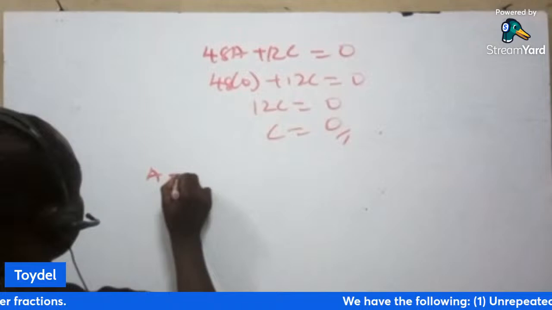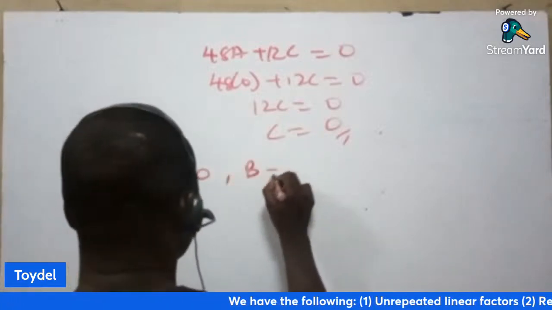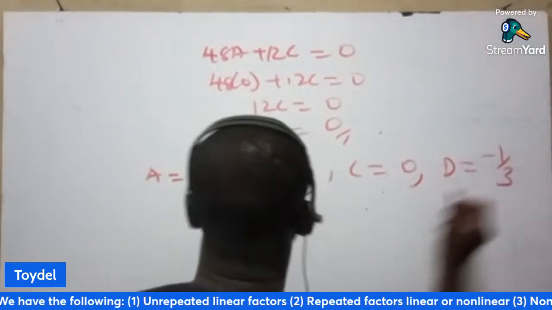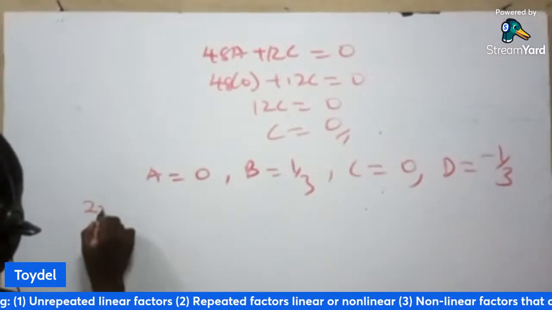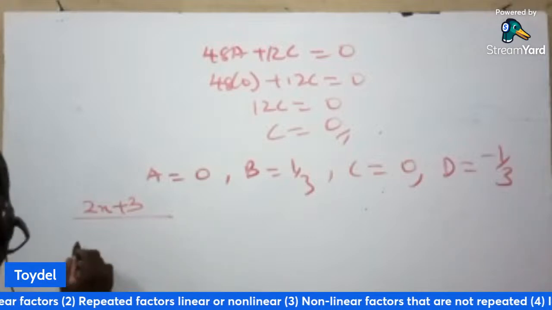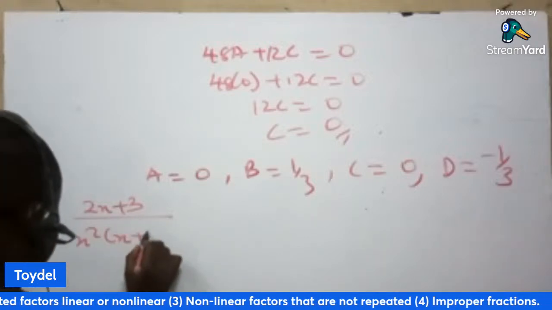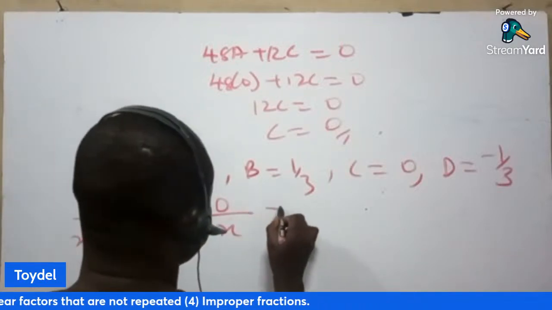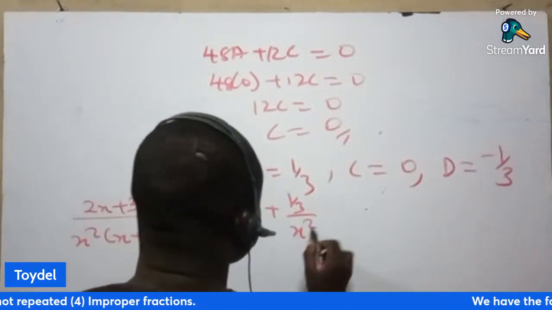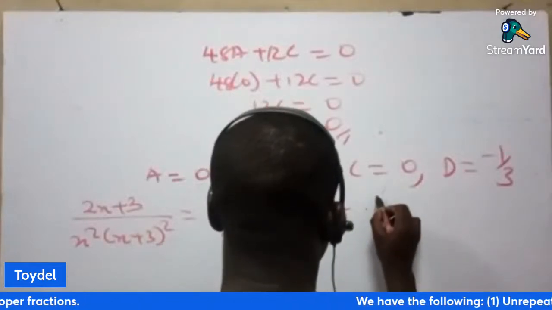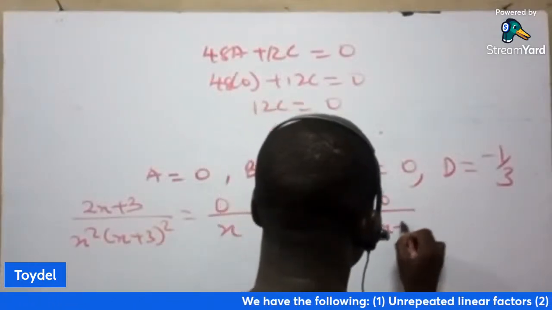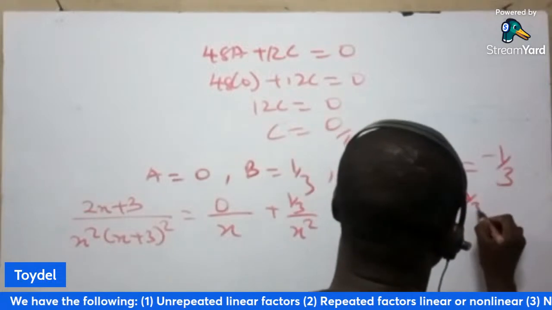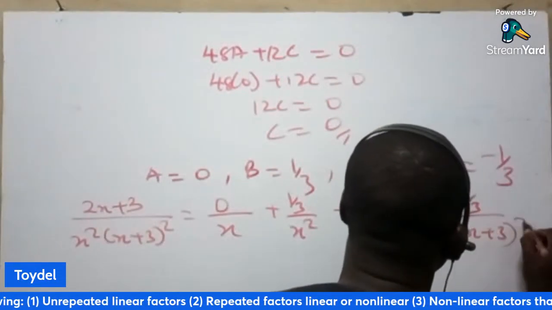So therefore, we have the value of a equal to 0, b equal to 1 over 3, c equal to 0, and d equal to minus 1 over 3. So the final answer, 2x plus 3 all over x squared into x plus 3 squared, will be equal to 0 all over x plus 1 over 3 over x squared plus 0 all over x plus 3, then plus minus 1 over 3 all over x plus 3 all squared.